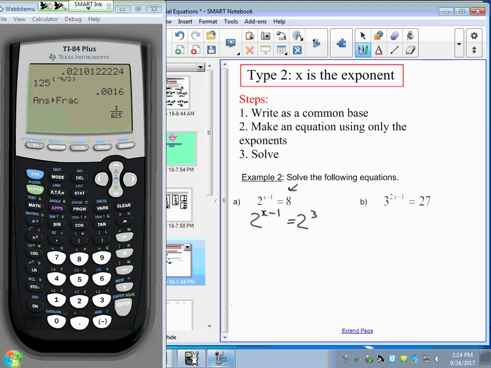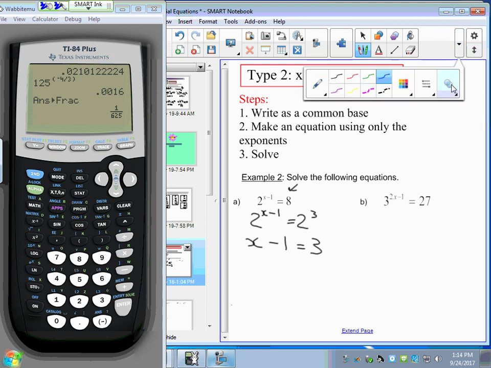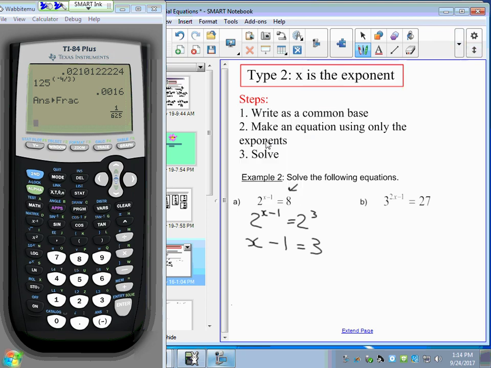And then now that we have the same common bases, we make an equation using only the exponents. So you might want to think back to rational expressions where we dropped the bottom. Now we get to drop the base of the exponent. So we're going to be left with x minus 1 equals 3. So we only take out, I'll show you what we take out if I can here. Highlighter.